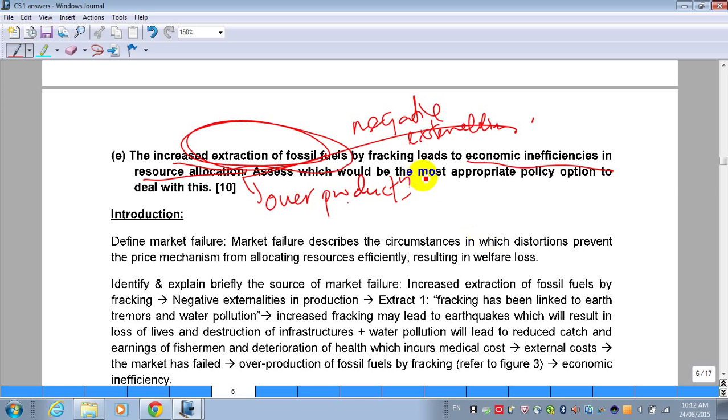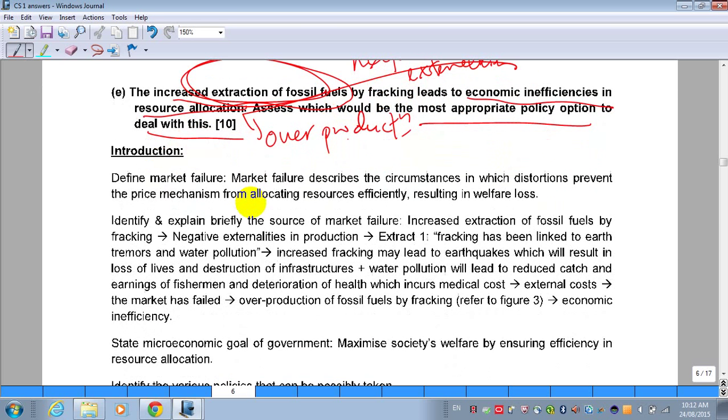And then for the most appropriate policy option, you need to give at least 2 policy options. All right. Wait, before that, for this 10 marks question, what you need to do is first explain the problem. You need to give me the problem policy framework, where you first explain the problem of negative externalities.